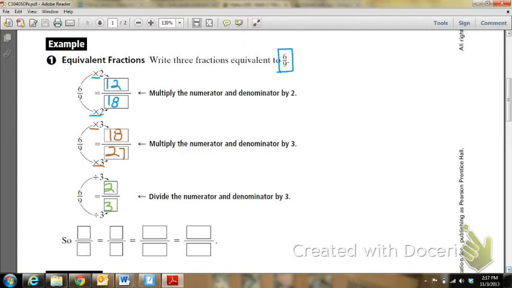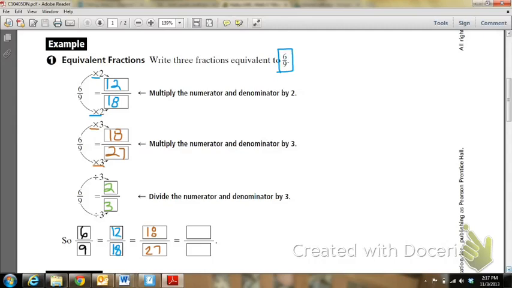So we have three equivalent fractions. Our first fraction, 6/9, is equivalent to 12/18. It is also equivalent to 18 over 27.